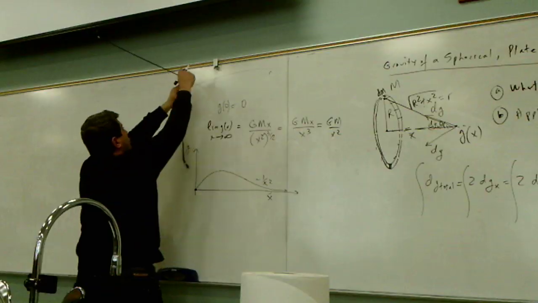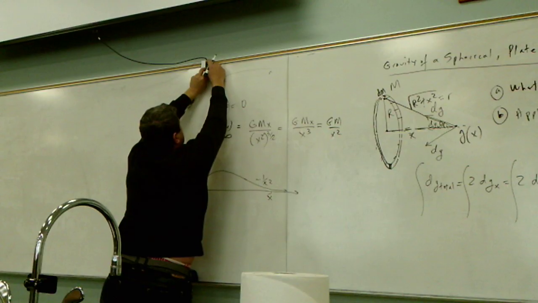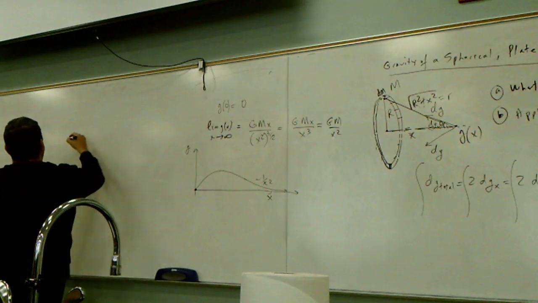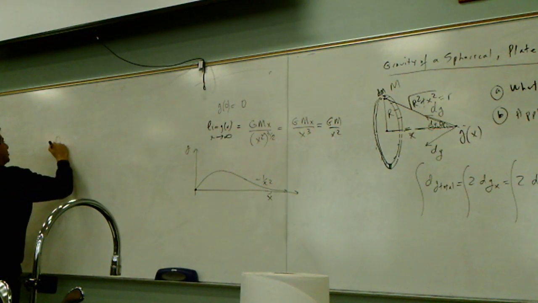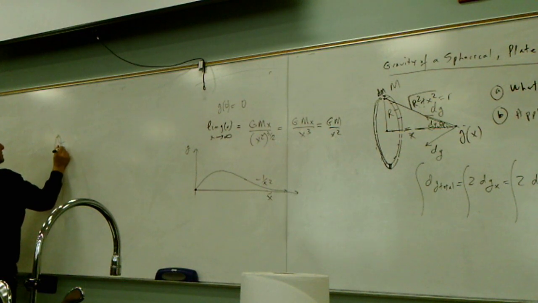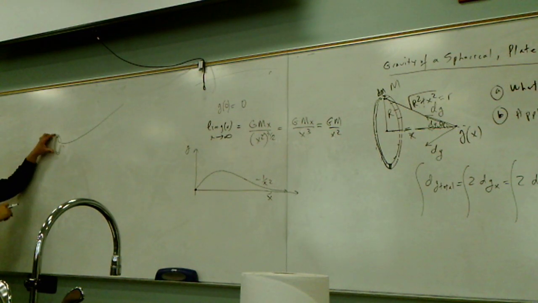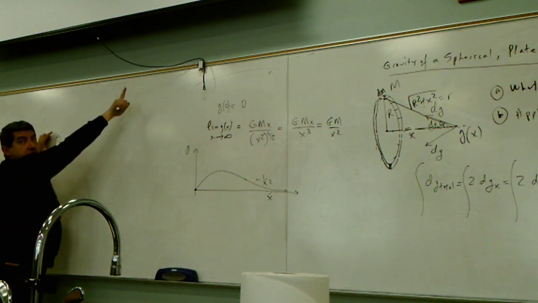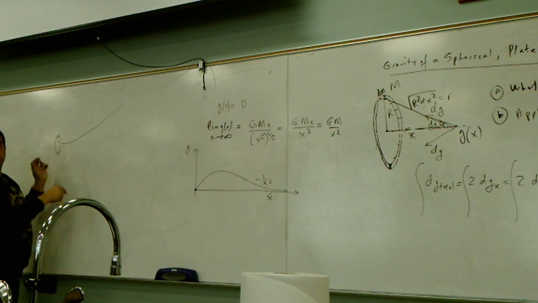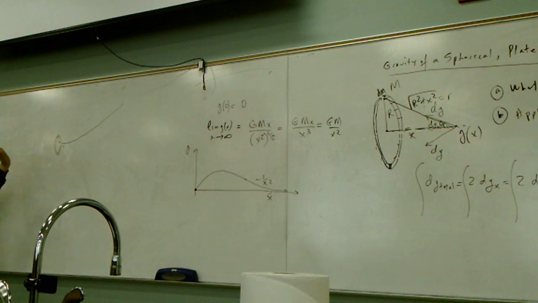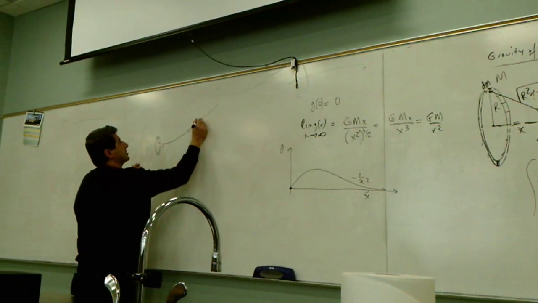So what kind of field should it create? It's probably going to look something like this. It's going to come like this. It's coming from infinity. Remember, there is no gravitational field that's going out, because gravity is always attractive. So gravitational fields always come towards, they're pointing towards the object. So it comes like this.